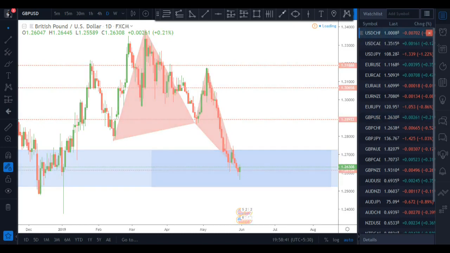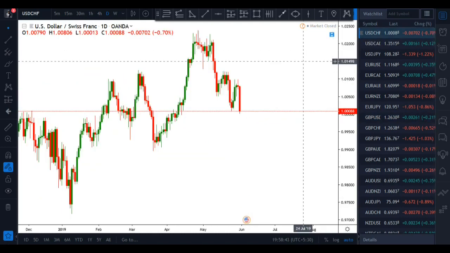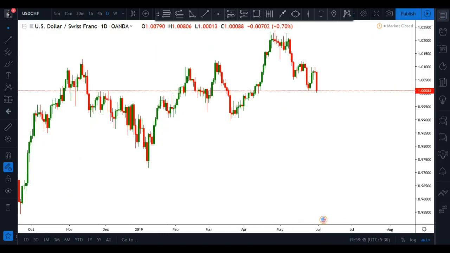So firstly, the first pair of this week that we are going to look for trading is dollar Swiss. As you can see traders, this market has been moving to the downwards since the beginning of May 2019, and currently we are having some impulsive movement to the downside.